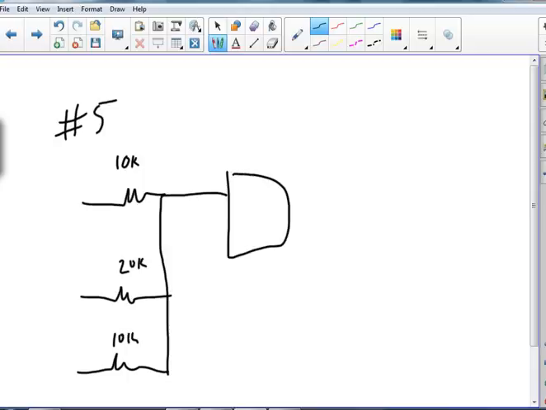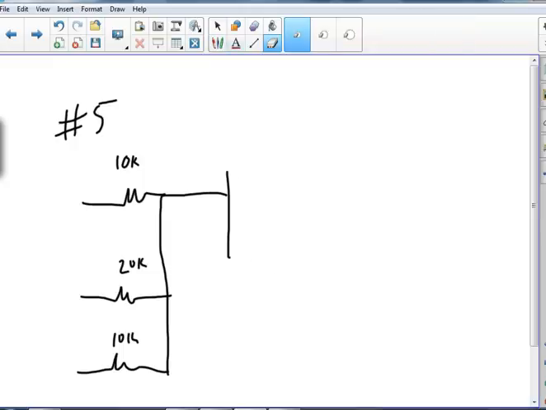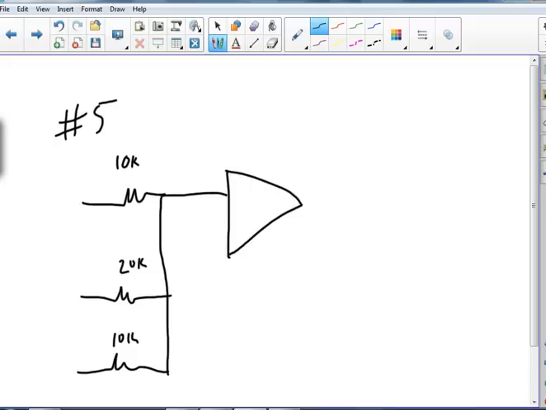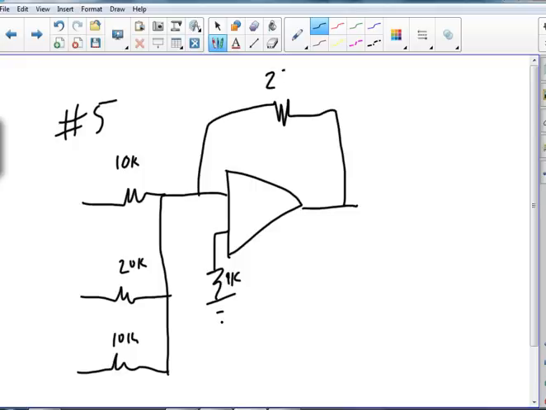Now that was professional, if I ever saw something professional. That's better. 4K, which we're going to disregard totally, because it's just put in there to hose us over, making us think we have to use it. 22K, V out.